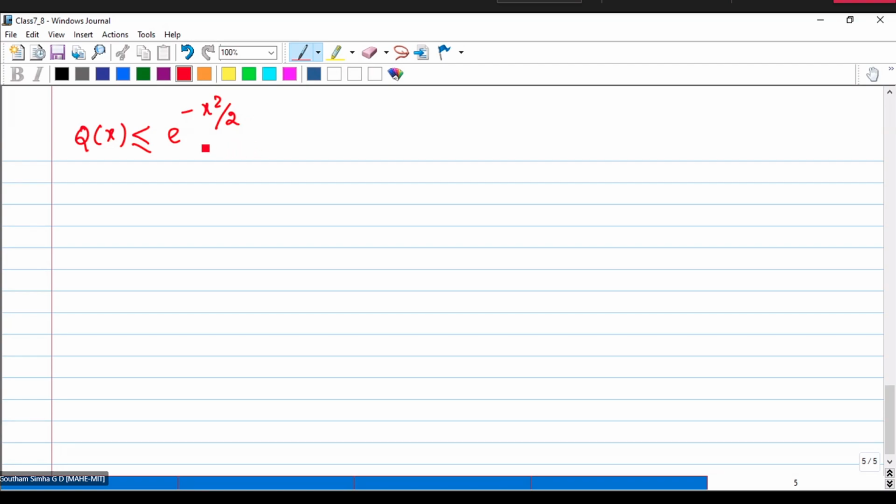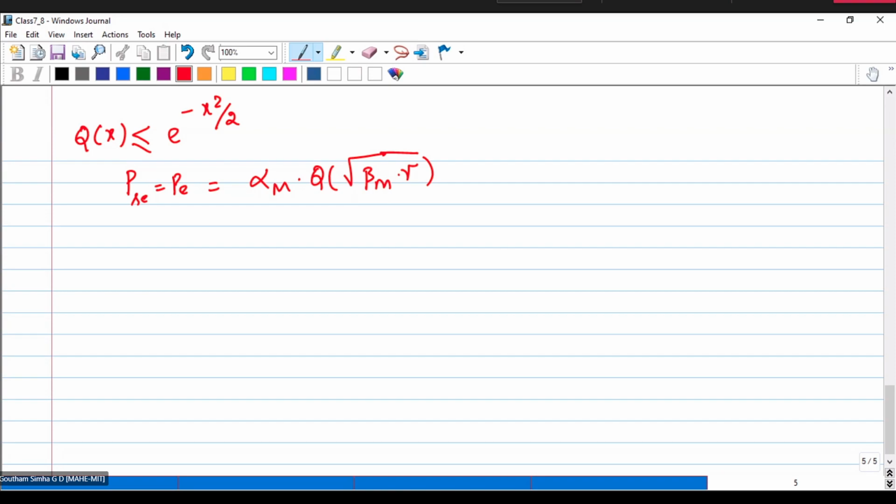Now, for this, results can be upper bounded. What did I write in the previous slide? The probability of symbol error, or probability of SE, or probability of error, is written as alpha m into Q of square root of beta m into gamma.